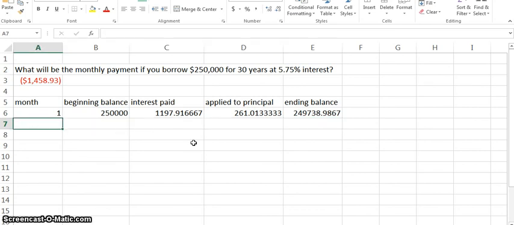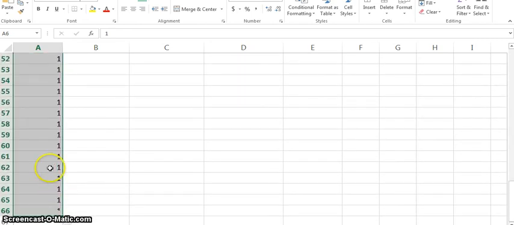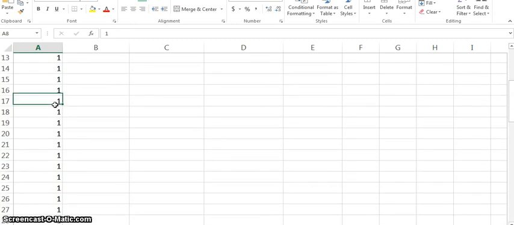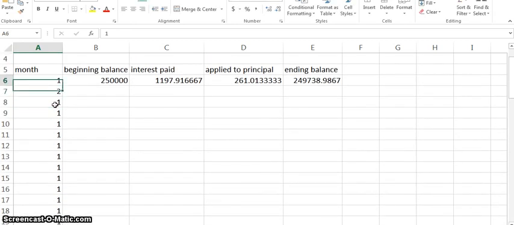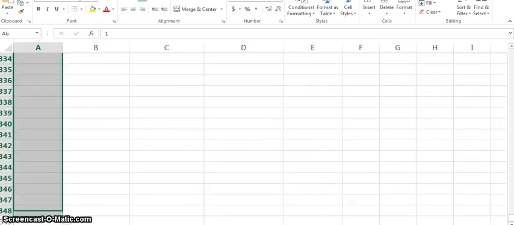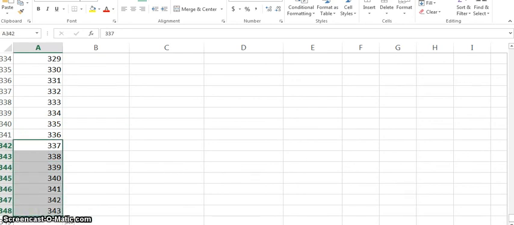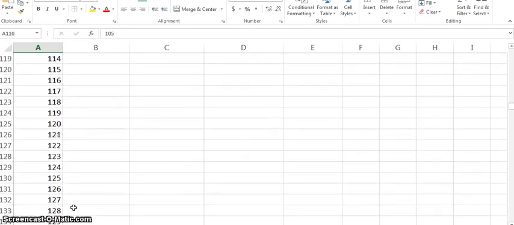Okay, so that's the first month. Now we can do all 360 months of this. If we scroll down and start with 1 and 2, scroll down until we get to 360 months, because that was the term of the loan.